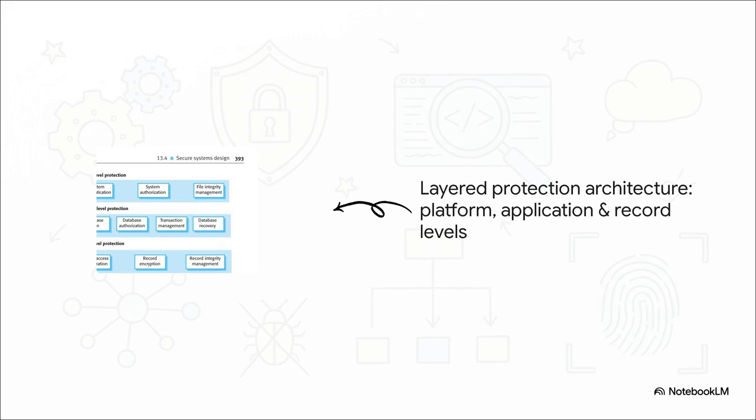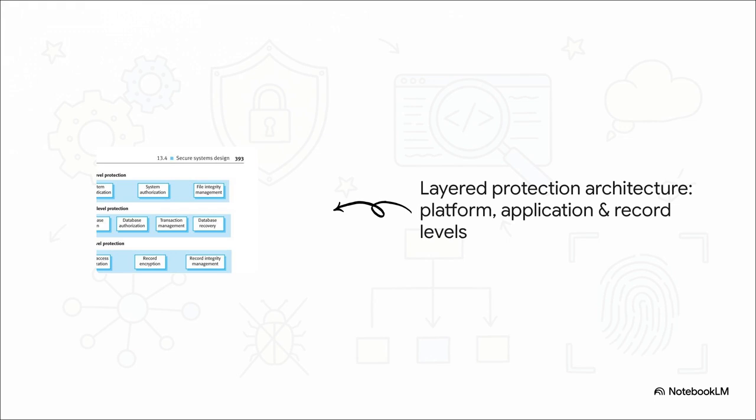Now, let's look at what happens when you go with that centralized protection route. It absolutely requires multiple defensive layers. Let's say you're centralizing healthcare data, like the Medicare system we've talked about in the textbook. You have to stack your protections. Right at the top, you've got platform-level protection. That's your bouncer. It controls access to the computer or OS itself, handling all the system authentication.